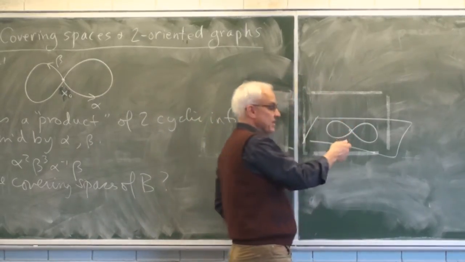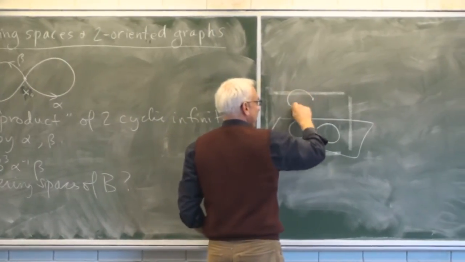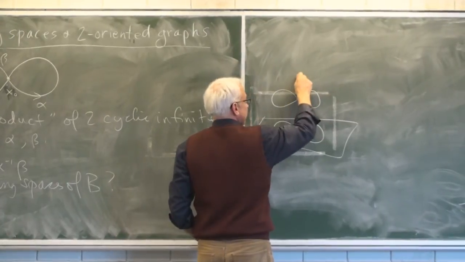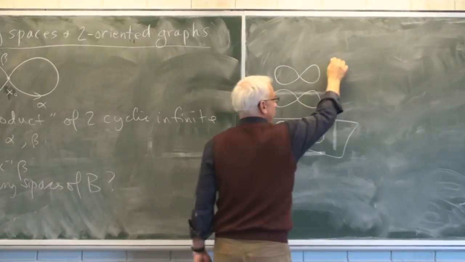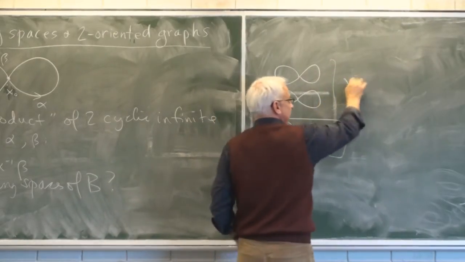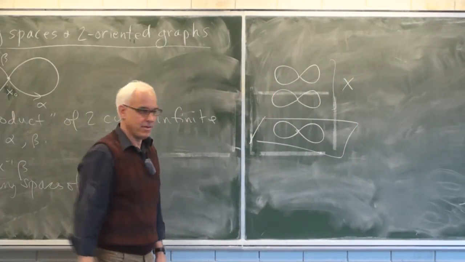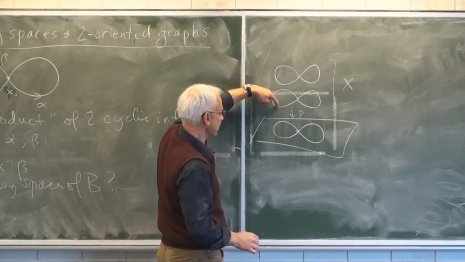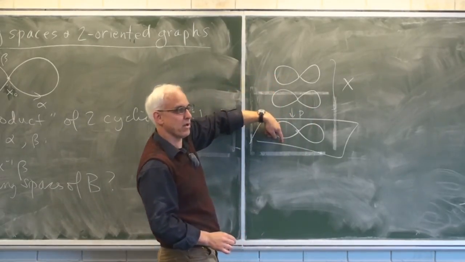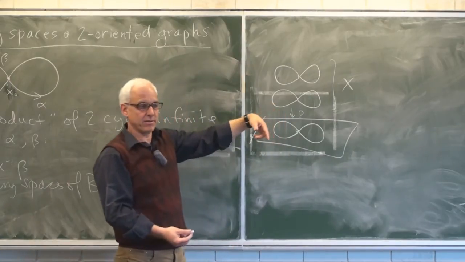There's an obvious, easy construction that we can always do, which is almost trivial. We could, for example, take two copies of the base space and call this composite thing X. And we could just define the projection to be the obvious projection that sends each point here to the associated point down here. That would be a covering.